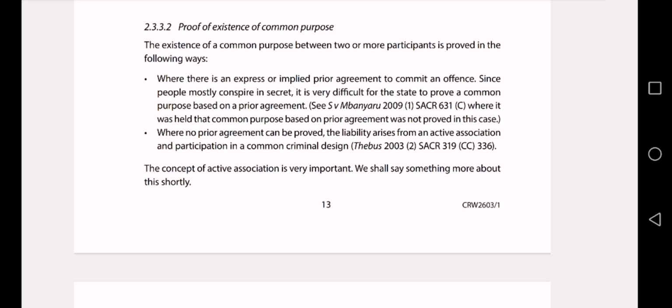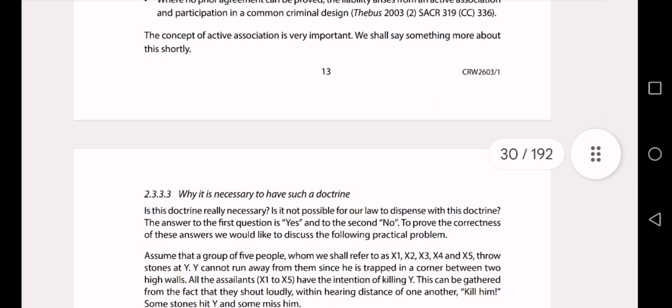Where it was held that common purpose based on prior agreement was not proved in this case. Where no prior agreement can be proven, liability arises from an active association and participation in a common criminal design. The concept of active association is very important. We shall say something more about it shortly.